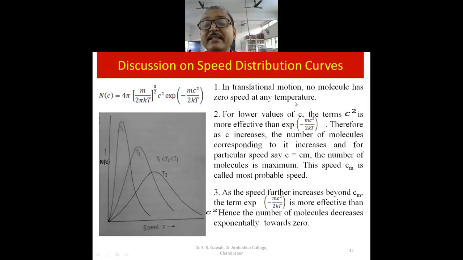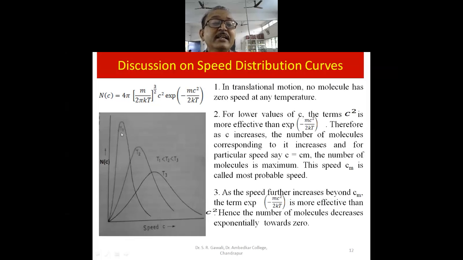We have seen previously in the kinetic interpretation of temperature that if the temperature is 0, then the speed of the molecule of the gas is 0, meaning the molecules will be at rest. But this case is not happening, because none of the molecules of the ideal gas is at rest. So all the molecules of the ideal gas are moving with speeds from low speed to very high speed.